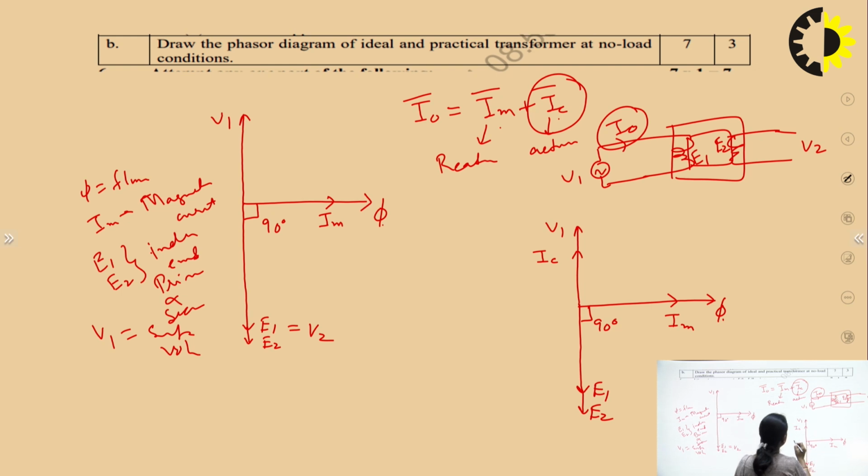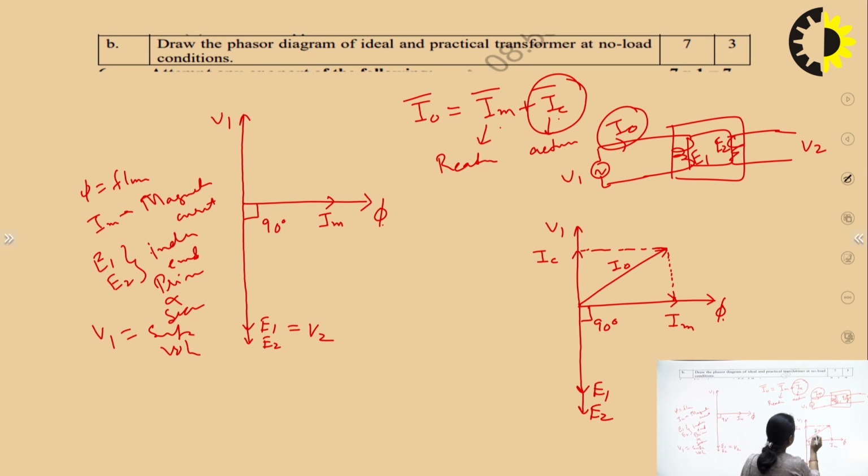Now we have to draw the resultant. To draw the resultant, draw a line parallel to this line, and from here draw a line parallel to this line, and join the origin and the intersecting point. So this current is I0, right?